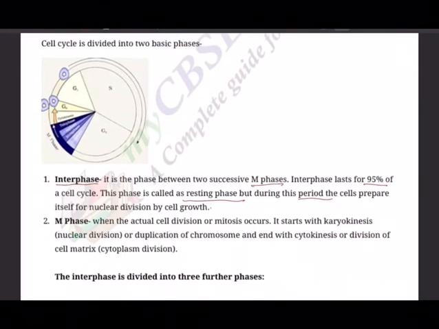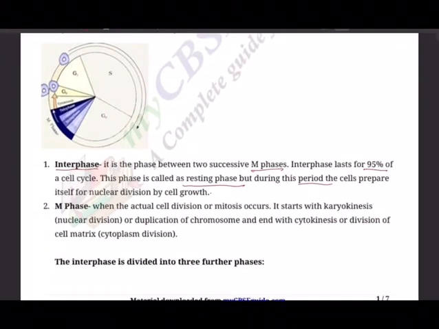And the second one is the M phase, that is the mitotic phase. When the actual cell division or mitosis occurs, it starts with karyokinesis. As all of you know, in Greek, karyon means nucleus. Kinesis means breaking. What is breaking? The nucleus is breaking. Hence, nuclear division. So in any division, the first one that takes place is karyokinesis.